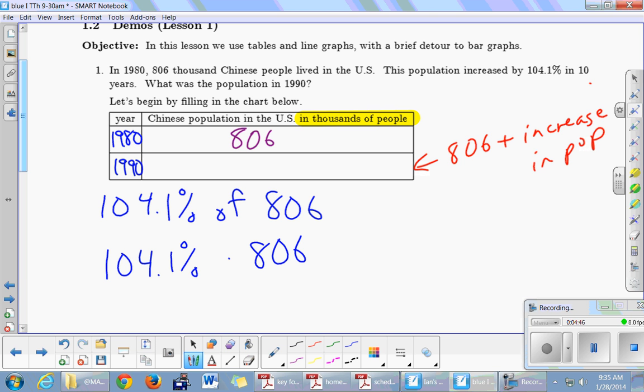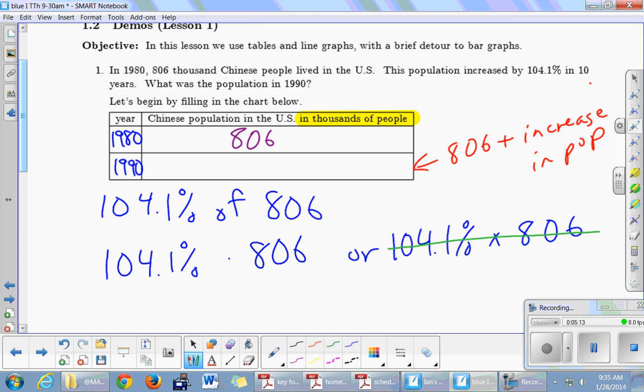An X. 104.1% times 806. Why do I encourage the dot over the X? It's an algebra class, and we're going to see x every single day in this class, and it's going to mean a variable. So I'd encourage you not to use this one. It's fine, but it's dangerous.